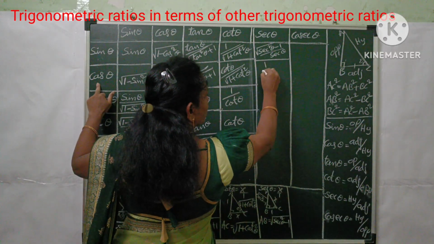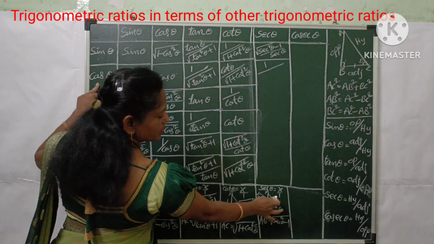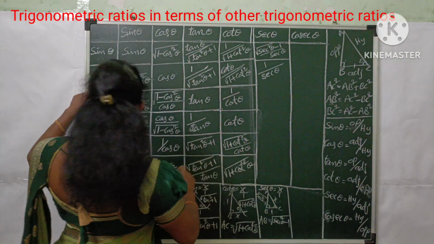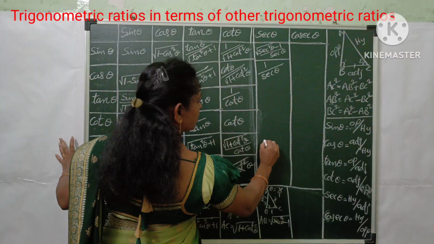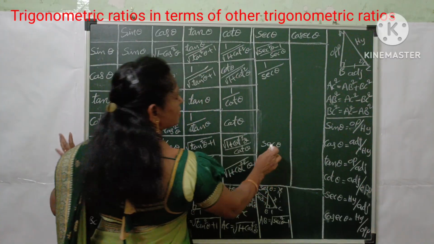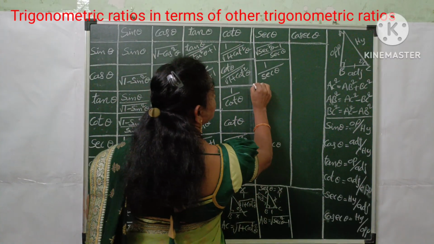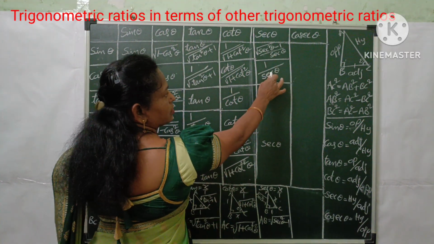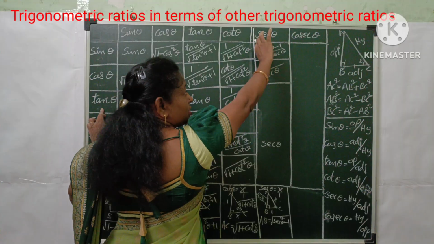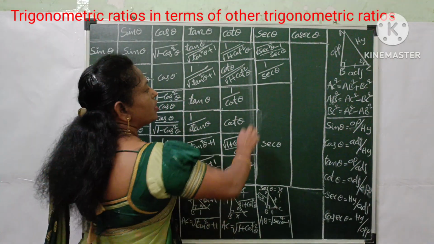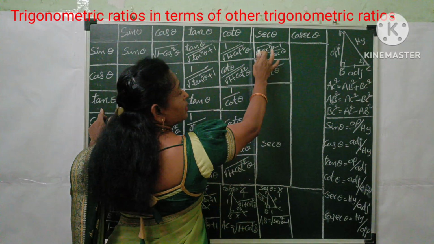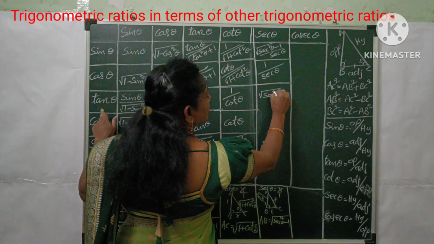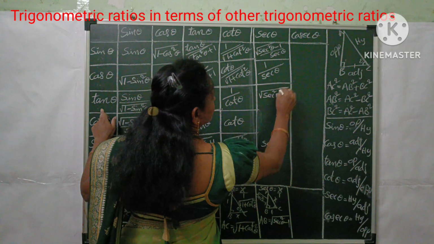Adjacent is 1 by hypotenuse, x means secant theta, and secant theta is secant theta only in terms of ratio, so that is the opposite, the reciprocal of cos. Next, tan is sin by cos; both are fractional forms, so denominators cancel, then square root of secant square theta minus 1.